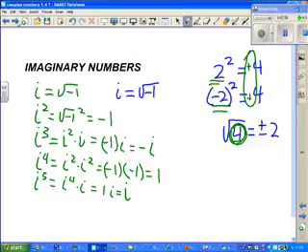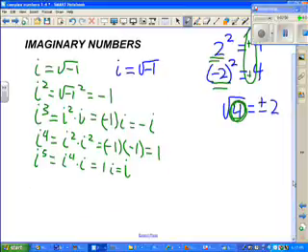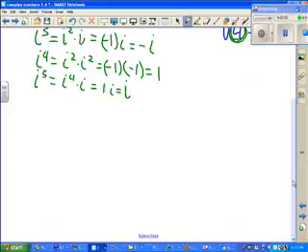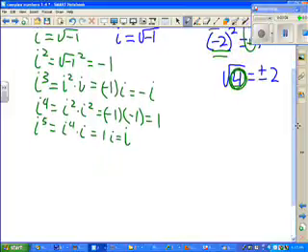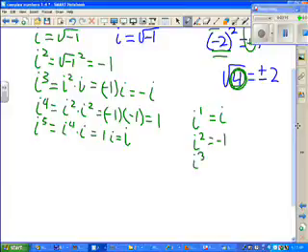This pattern will continue to repeat itself. So i to the 1st is obviously i. i squared is -1. i to the 3rd is -i.